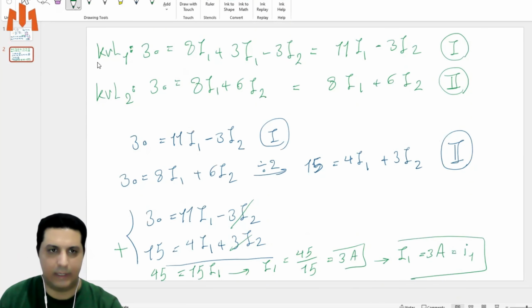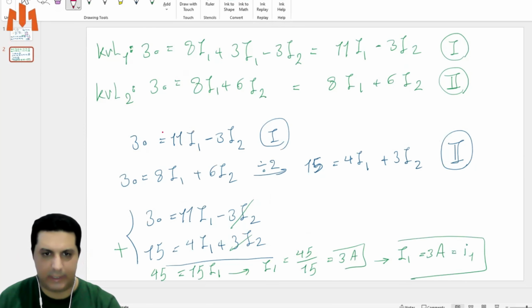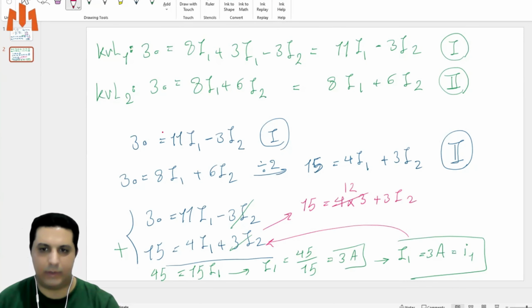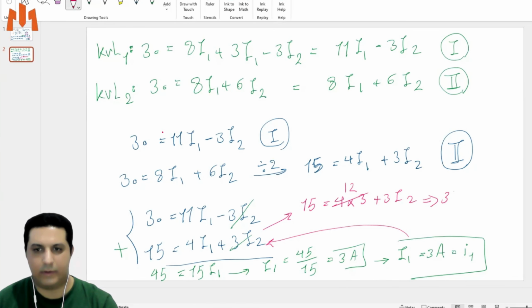Let's put I1 into one equation, for example, this one. If I put it there, I will understand that 15 equals 4 multiplied by 3 I1 plus 3 I2. It is 12. So 3 I2 equals 15 minus 12, which is 3.